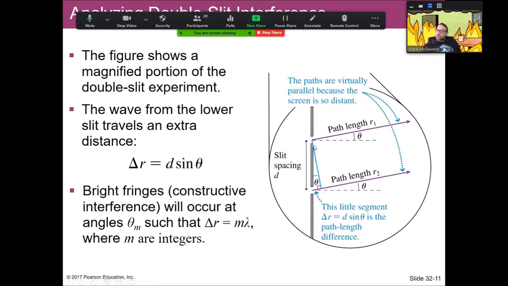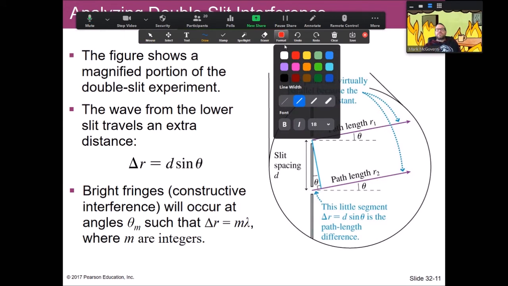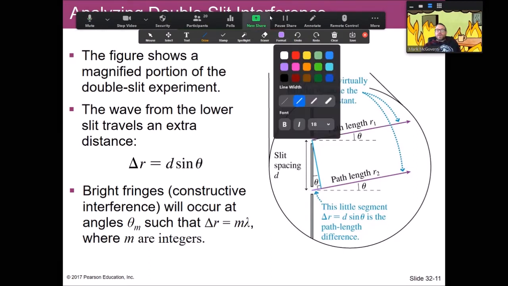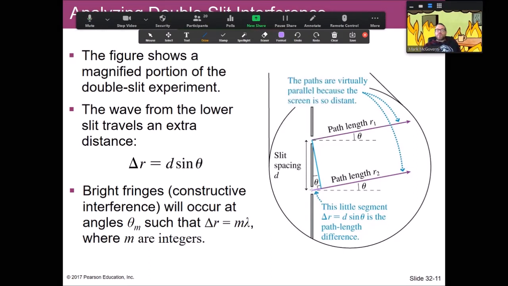The longer leg of the triangle represents a perpendicular distance between the two paths. And right down the bottom here, I'm going to highlight this with a similar color, this little distance right here. Oh, you can't see that too well. Let's make that super thick. Right there. That is the juicy stuff.